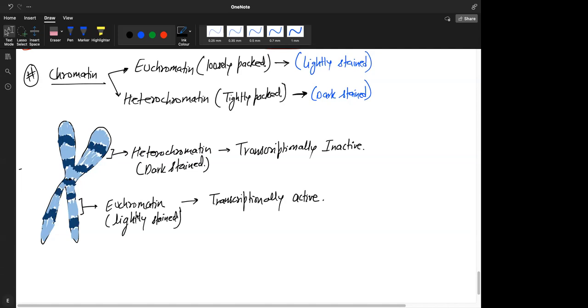So a zygote is just one single cell. And when we take birth, we have neurons, muscle cells, skin cells, eye cells, photoreceptors present in the eye, fat cells, all different types of cells of different organs, which look entirely different, and their function is also different.